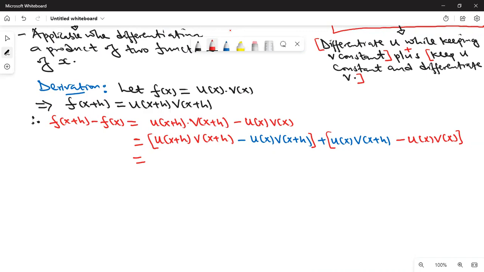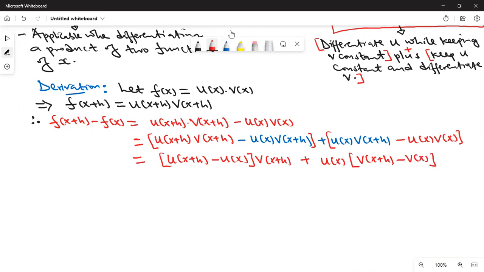So this can be written as u of x plus h minus u of x in bracket, times v of x plus h. Then the other bracket, you can see u of x is common, you can factor that out, so that we have v of x plus h minus v of x. That's our numerator.